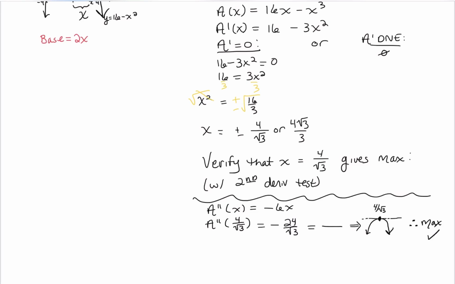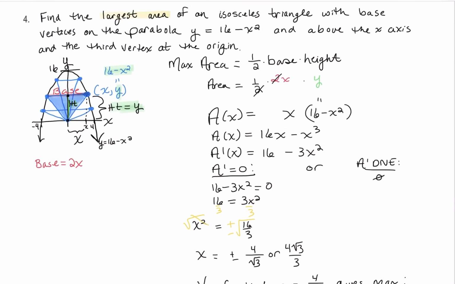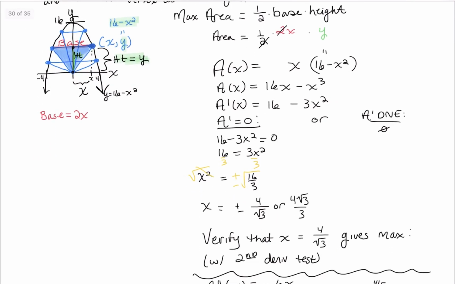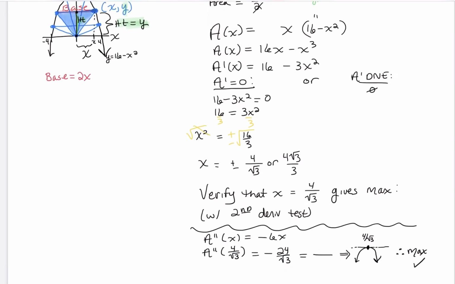All right, so this question, let's see what the actual question is. Find the largest area. So not the x or the y coordinate, but what is that area is the final question. So we can just sub it back into our A of x function here.